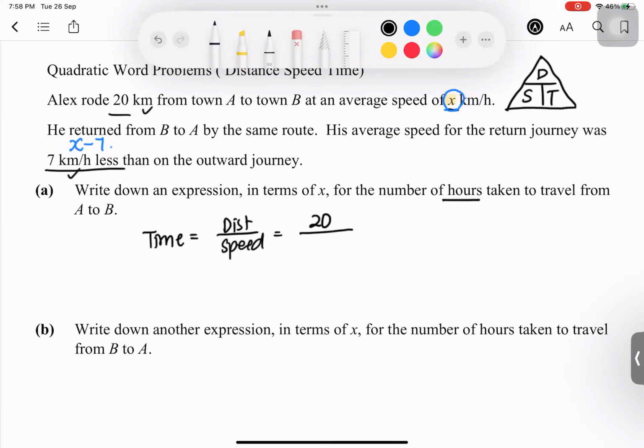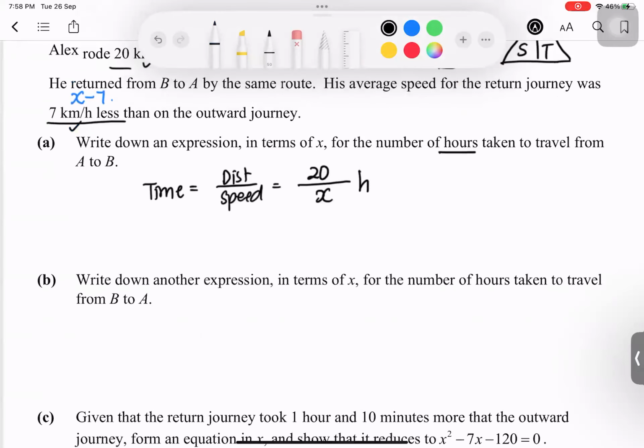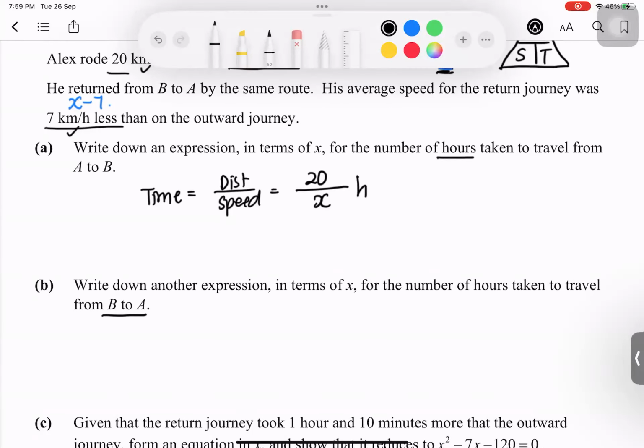The original A to B is this one, 20 over x hours. Then the expression for the time of travel from B to A: distance divided by speed again. Distance 20, but the speed now is x minus 7, since 7 kilometers less, so it's 20 over x minus 7 hours.